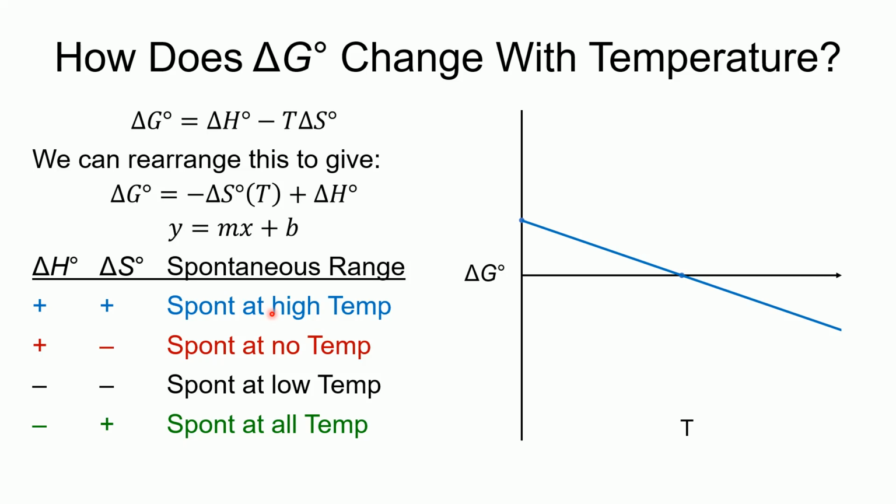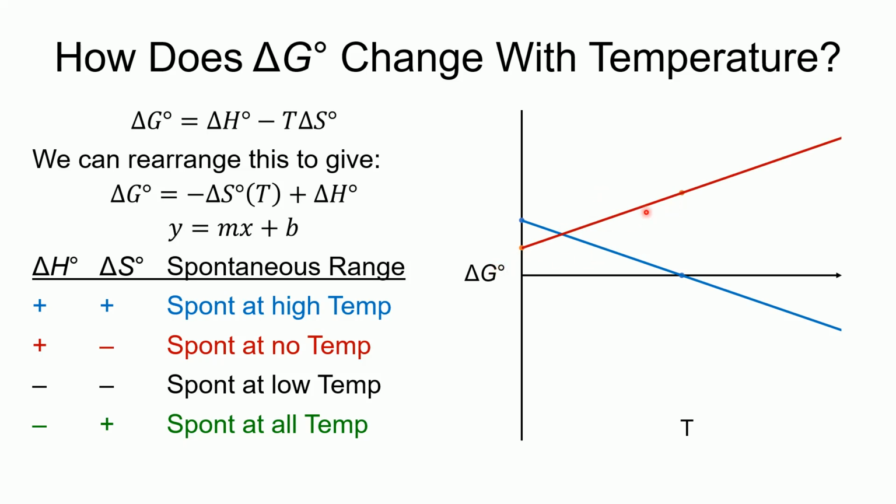For our next possibility, plus minus, delta H is positive, so that means our y-intercept is going to be positive, so it'll be above the x-axis up here. And if delta S is negative, that means the slope, negative of a negative, is going to be positive. So this line is going to go up. So we get this.